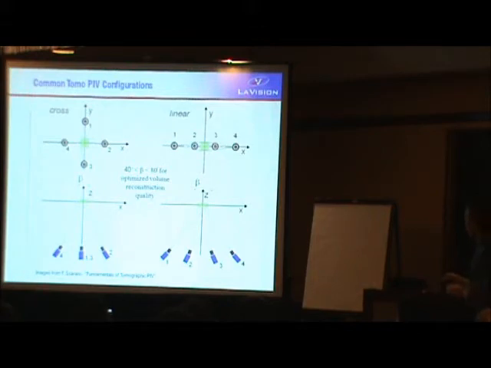Also to consider, just like for stereo PIV, you need a minimum angle between your sensors. If the sensors are too close together, you don't have as much information in the out-of-plane component of the particle field. So this angle, known as the optical aperture, should be at least 40 degrees.